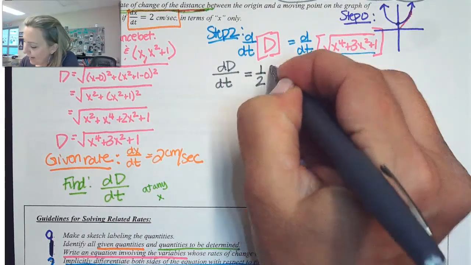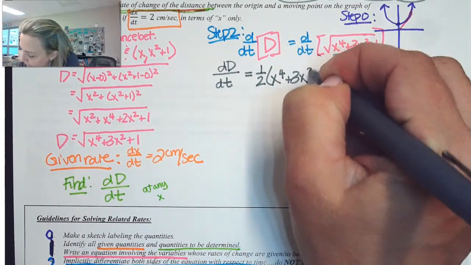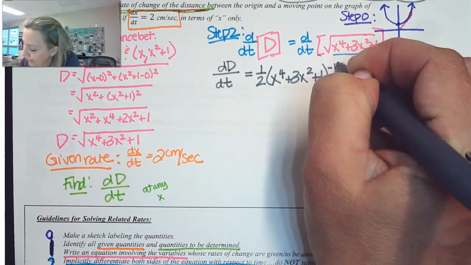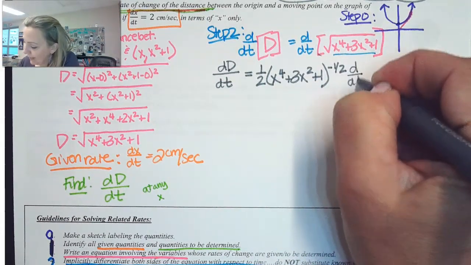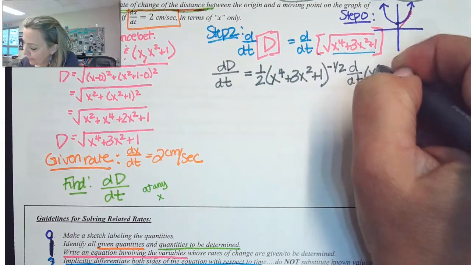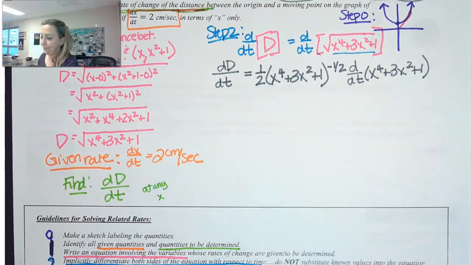So we're going to have 1/2 times x to the fourth plus 3x squared plus 1 to the negative 1/2, but then we still need the derivative with respect to t of the inside function, x to the fourth plus 3x squared plus 1.